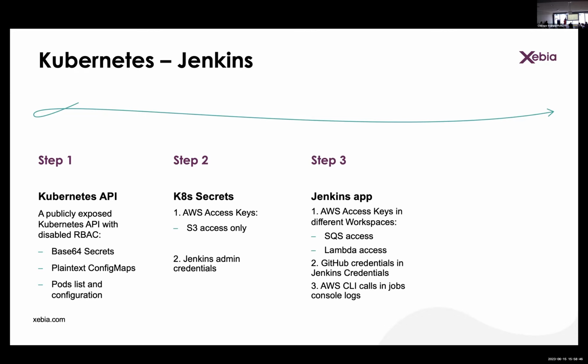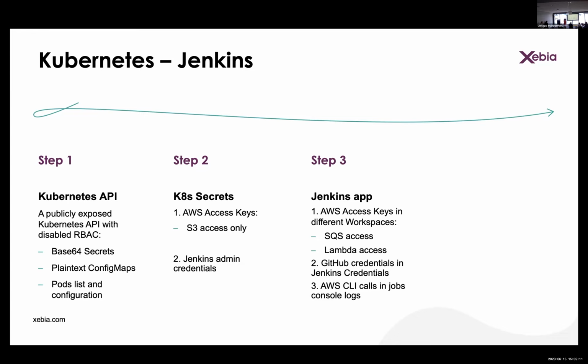When in Jenkins, you can check Jenkins credentials, because many teams use Jenkins credentials as a secure way to store credentials. It's not secure; it's a one-liner to extract everything from that. There were some interesting credentials there, like access to AWS, but only Lambda and SQS. There was also access to GitHub and other projects as well.